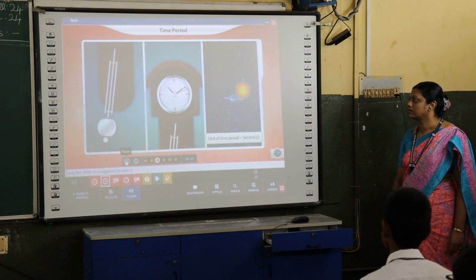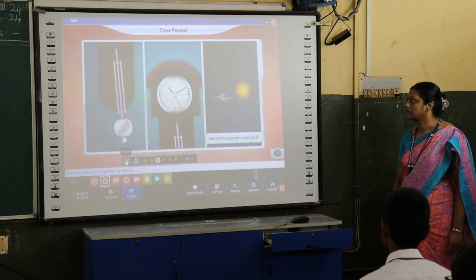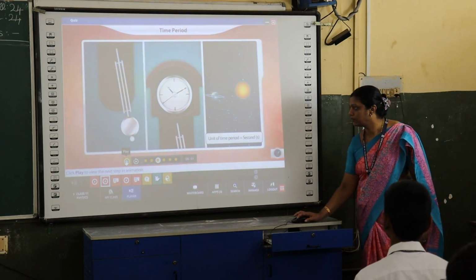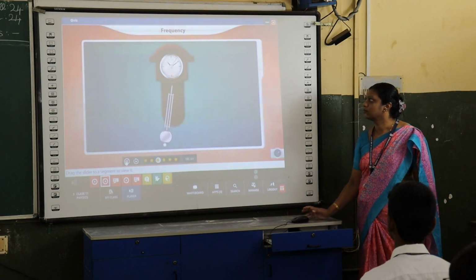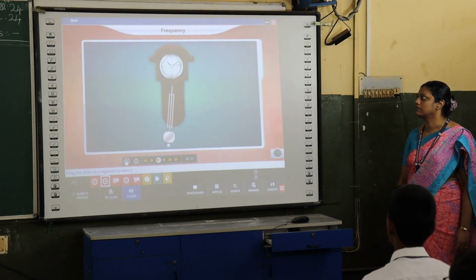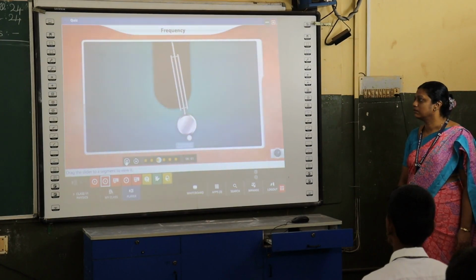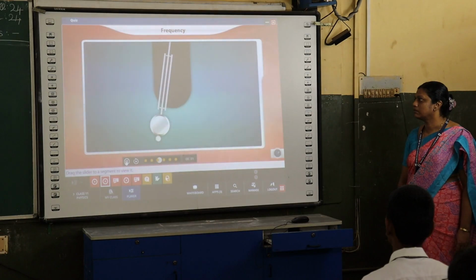Notice that as time period is a measurement of time, its SI unit is second. Instead of measuring the time taken by the motion to repeat itself, we can also measure the number of times the motion is repeated in a unit time.